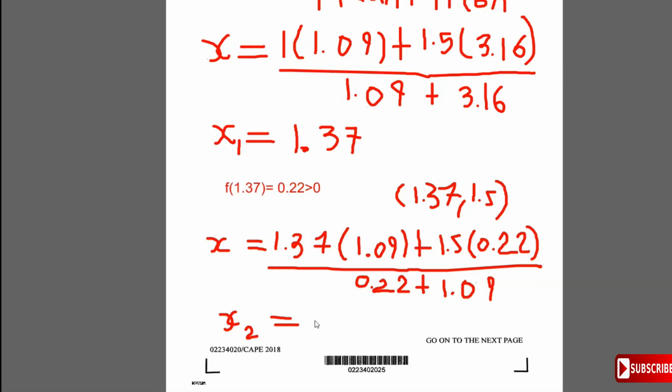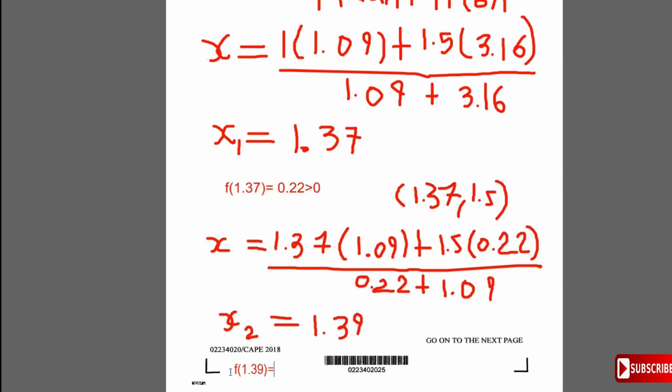Getting 1.39. Now what we need to do is find out what is f of 1.39. Let's find that out. F of 1.39 is going to be equal to 4 cos 1.39 minus 1.39 cubed plus 2.